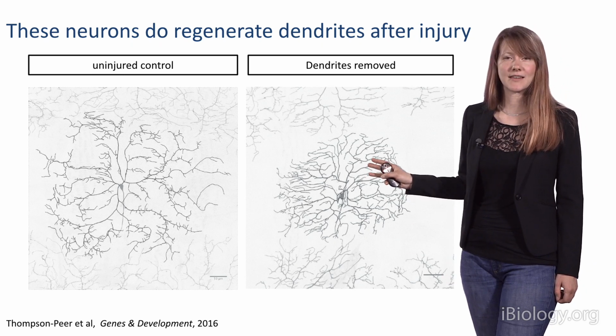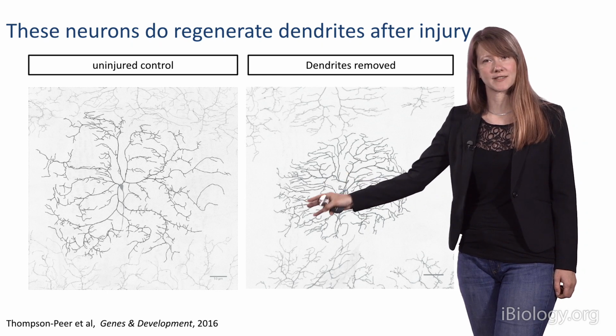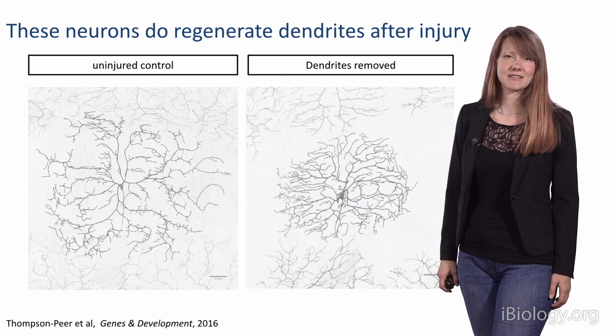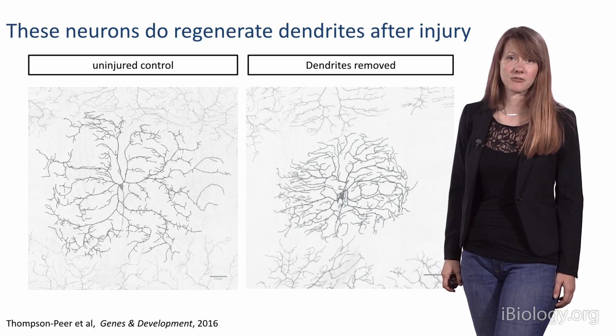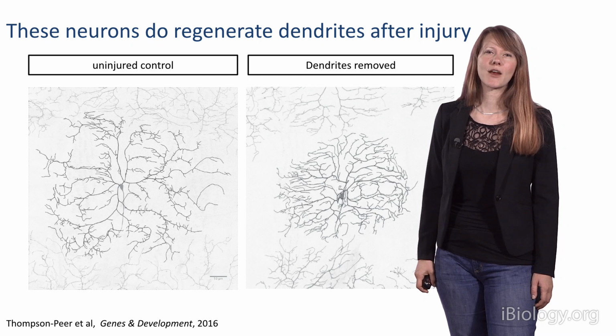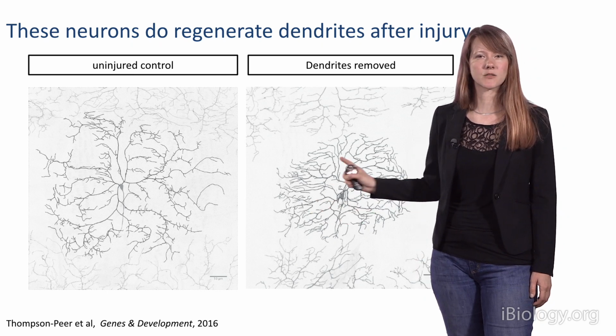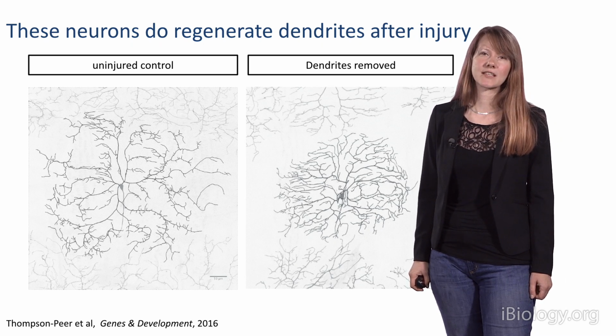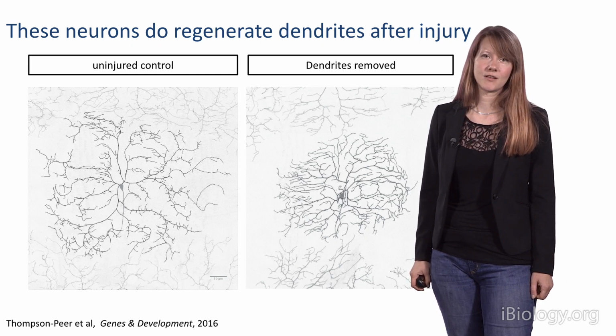Secondly, I've told you that it's extending all these projections, these branches. Morphologically, they look like dendrites, but that doesn't mean that they are dendrites. So we wanted to see whether the projections that the neurons were extending localized the proteins that we would expect dendrites to have.